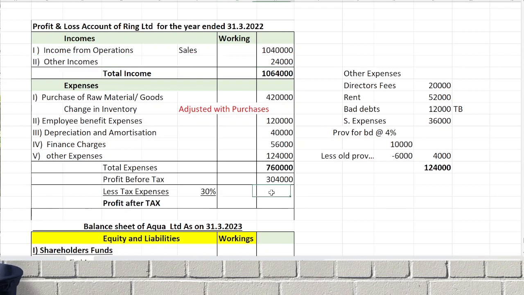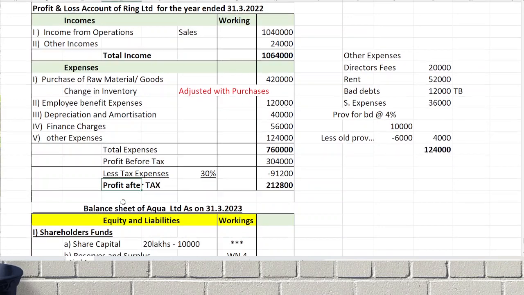Is any tax given? What percentage? Advance tax goes in the balance sheet under loans and advances.